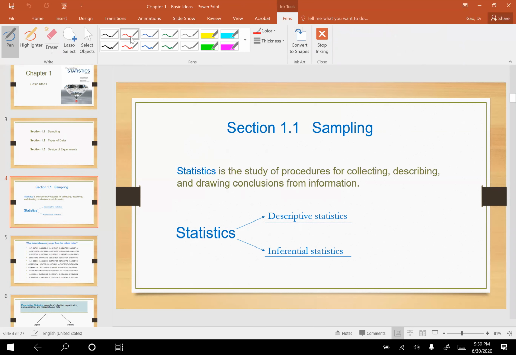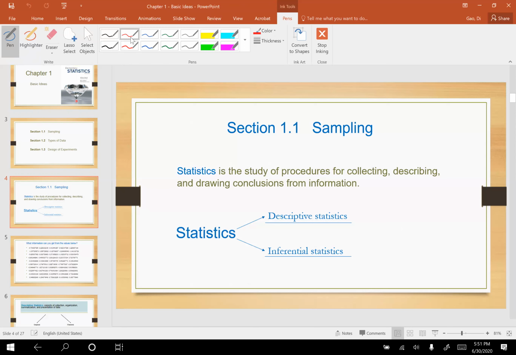What exactly is statistics? Statistics is the study of procedures for collecting, describing, and drawing conclusions from information. We actually see statistics every day. When you read a newspaper, you see some reports, or some numbers related to articles. They're all actually statistics.